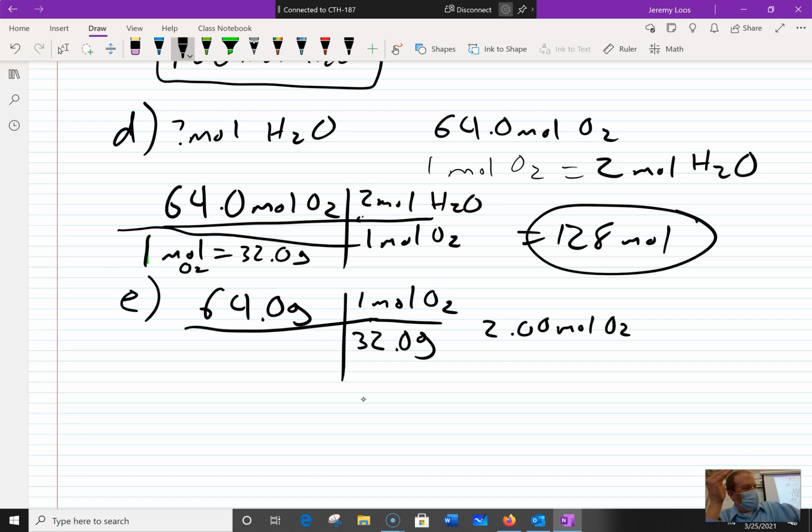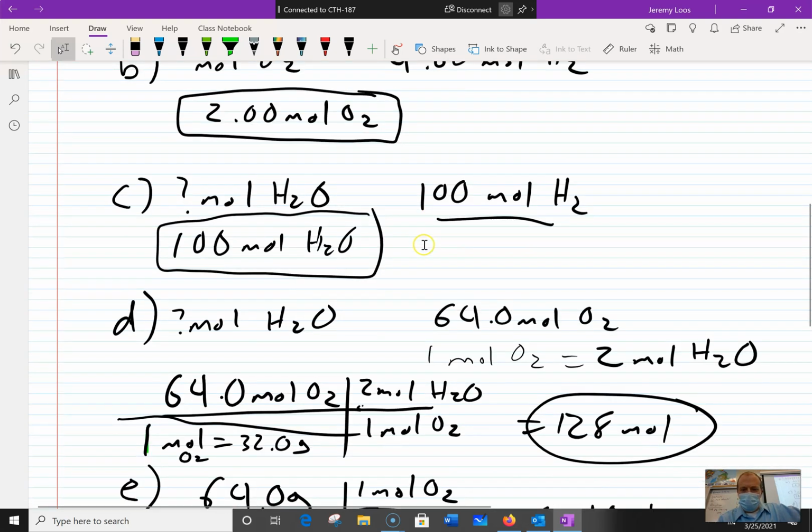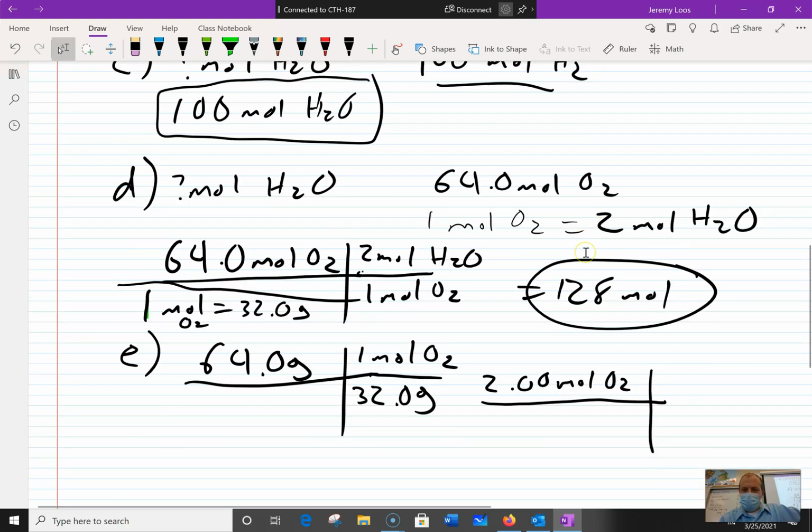So we're still talking about oxygen. We had 64 grams, we changed it to moles of oxygen. The next step would be to use these coefficients. This is the only time we're using the coefficients, in this middle part right here. I already wrote the conversion factor up above. There's 1 mole of oxygen for every 2 moles of H2O.